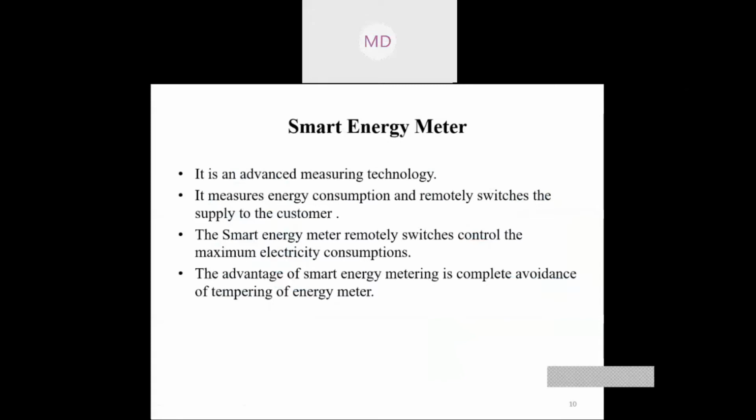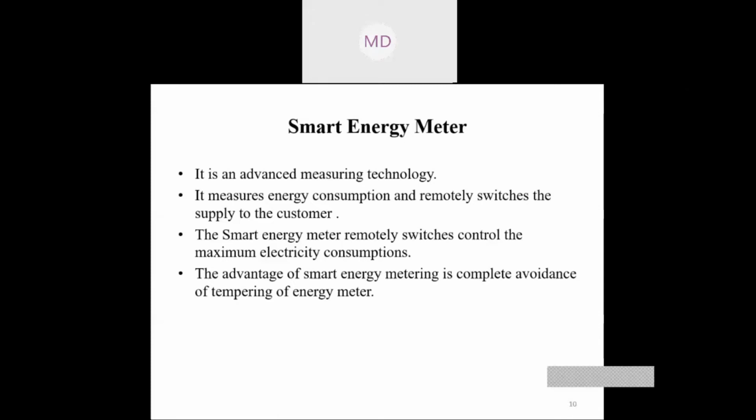They are capable of communicating in both directions. They can transmit data to the utilities, like energy consumption, parameter values, alarms, etc., and also can receive information from utilities such as automatic meter reading, reconnect and disconnect instructions, upgrading of meter, and other important messages.